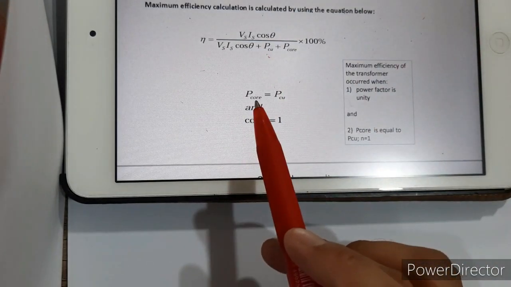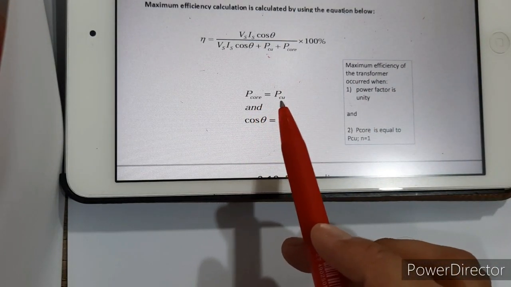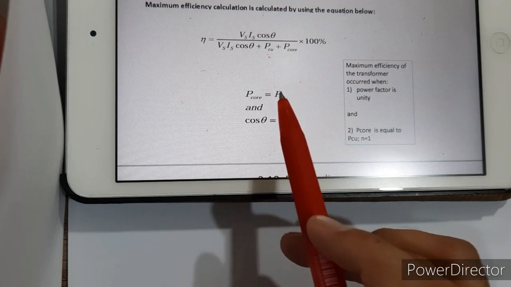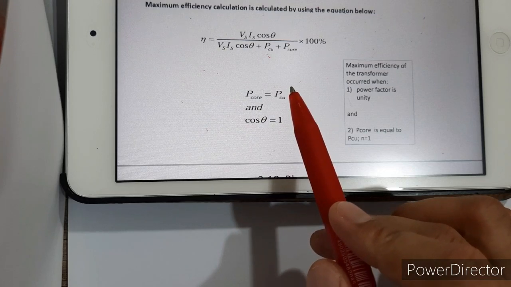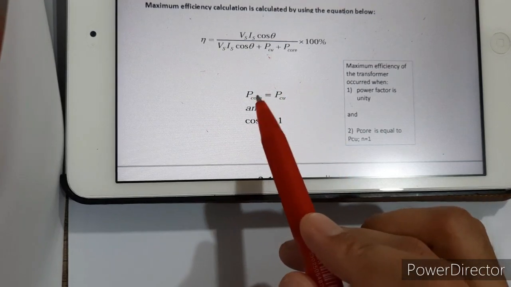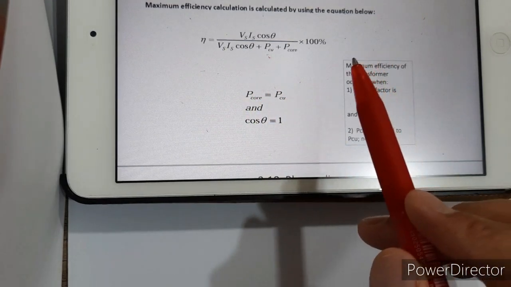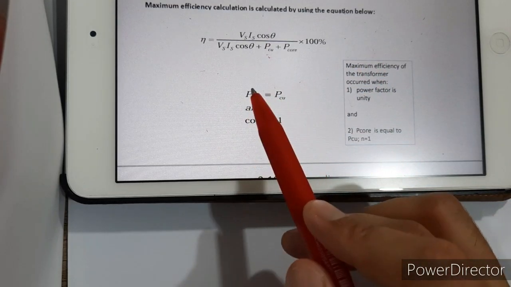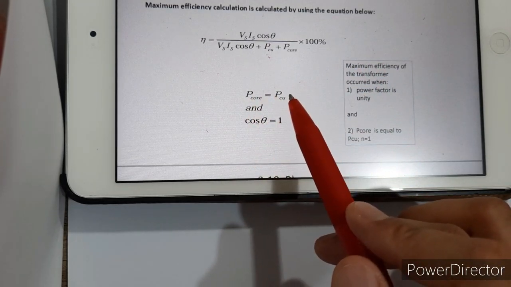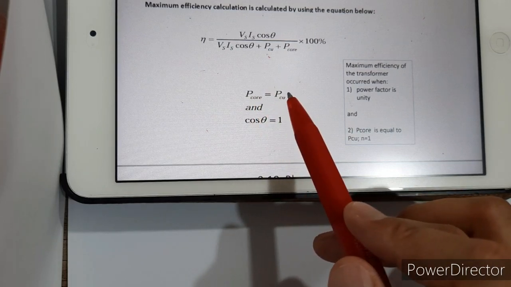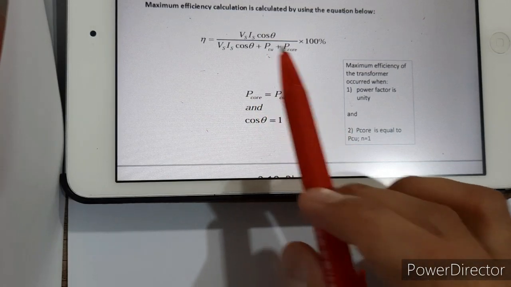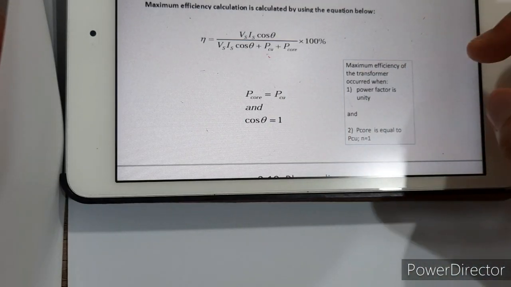Not PCU is equal to P core: when PCU is 100 watt, P core must be 100 watt. P core must follow PCU in order to get maximum efficiency.